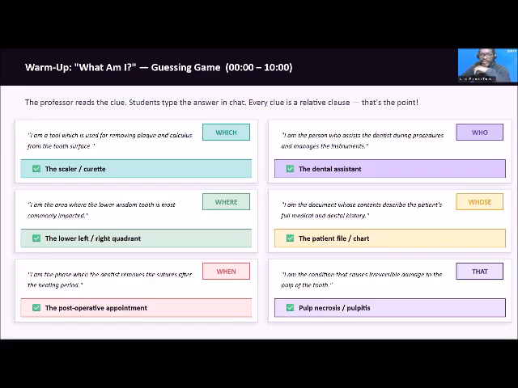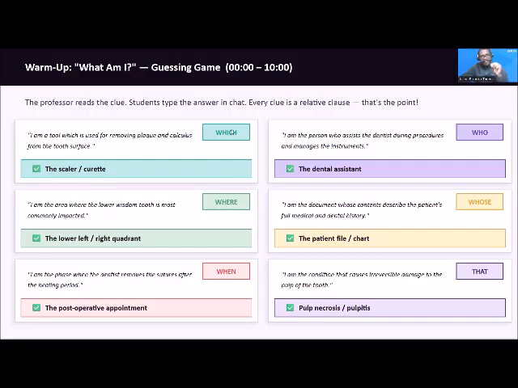Now, one last one with Paula Esquivel. I am the condition that causes irreversible damage to the pulp of the tooth, pulp necrosis, pulpitis. Good. Now, all of these are things that we know. And these are different ways of describing the situations.